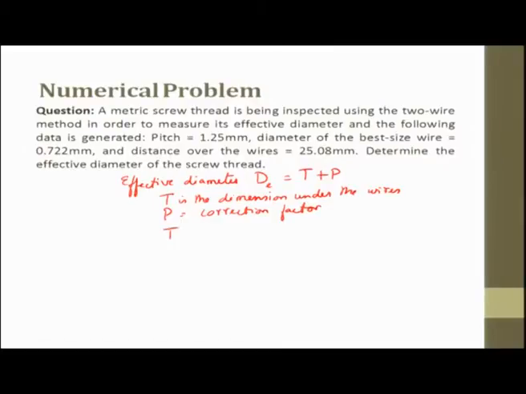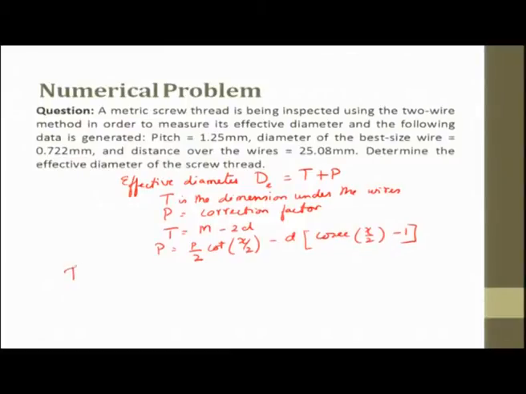T equals M minus 2D, and P is equal to P by 2 into cot x by 2 minus D cosecant x by 2 minus 1.